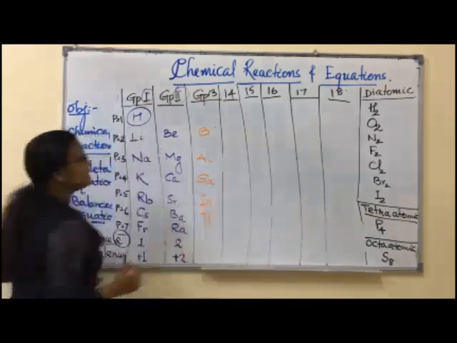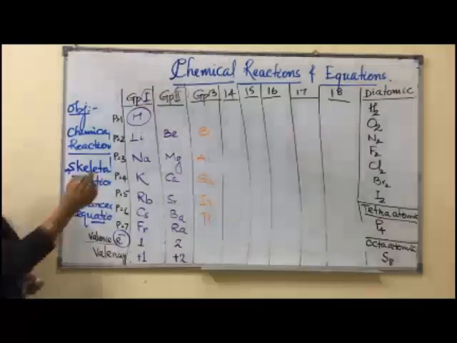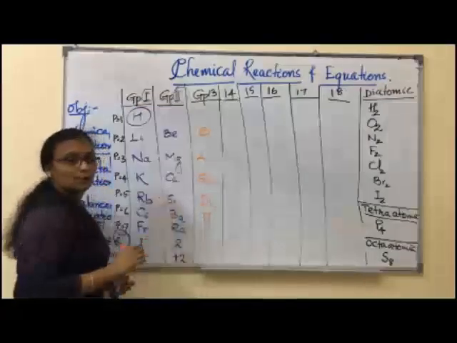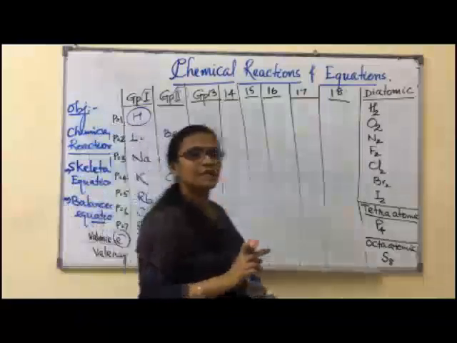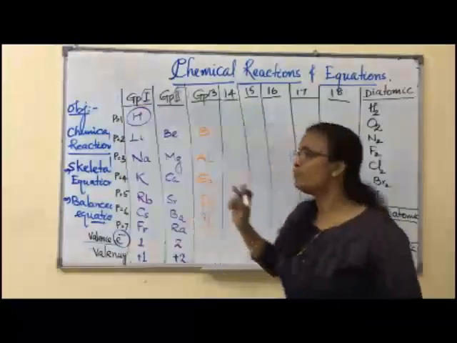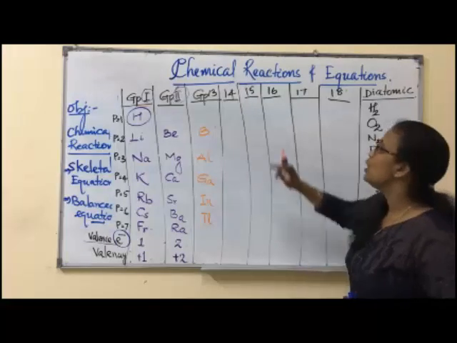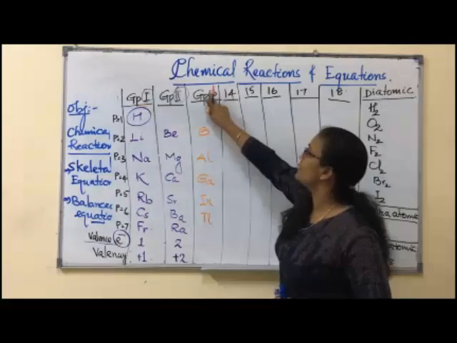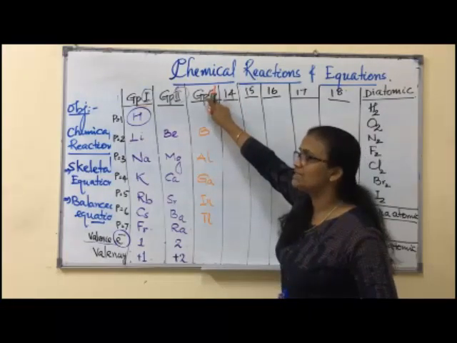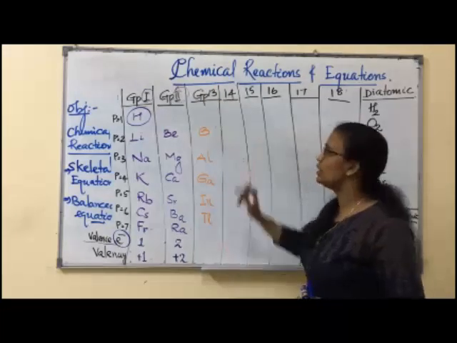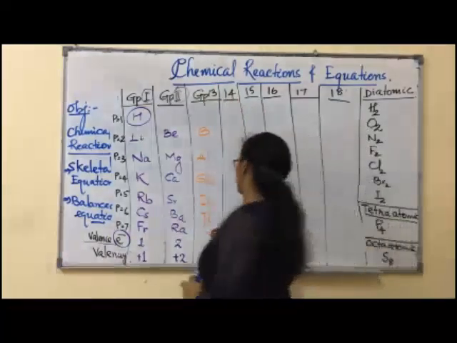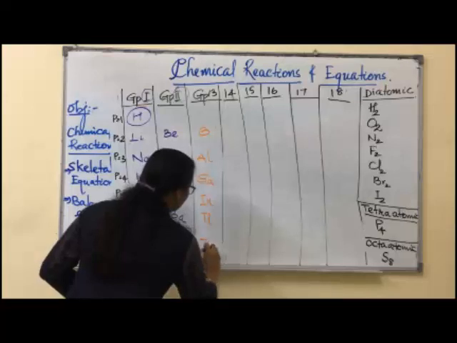From group 13 onwards the number of valence electrons is equal to group number minus 10, because there are 10 other groups in between, I told you. So you subtract 10 from this. 13 minus 10 will be 3.